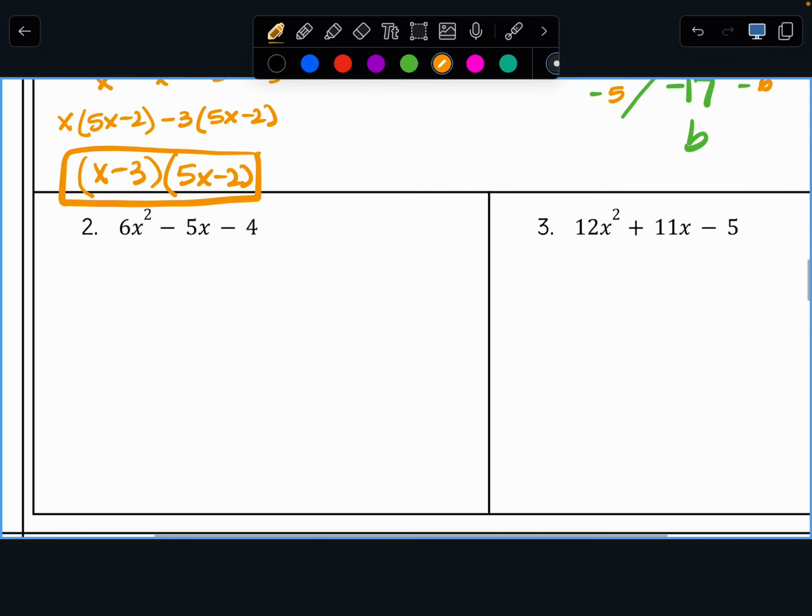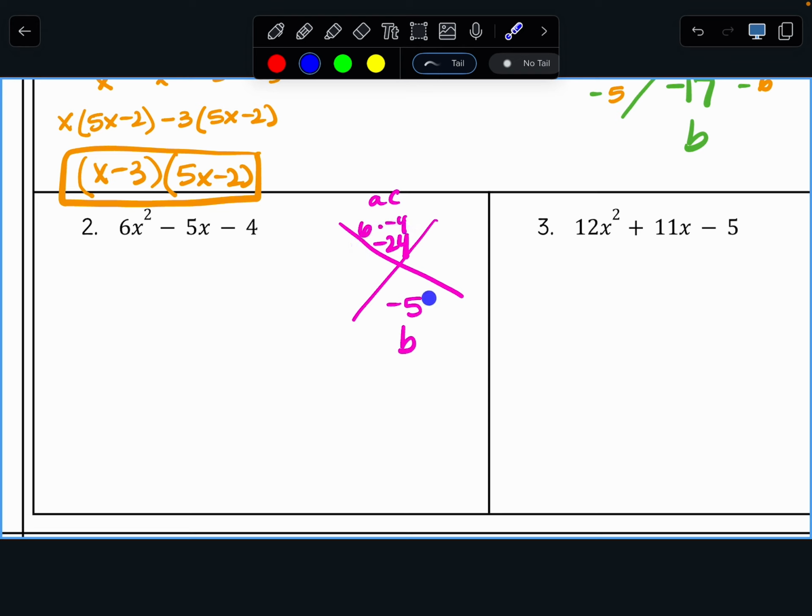All right, so as we look at number 2, when I multiply AC, that's 6 times negative 4. That's negative 24. And B is negative 5. So as I list my factors, because this is a negative number, that means one of my factors is negative. And because my addition is negative, that means that the larger set of numbers will be negative.